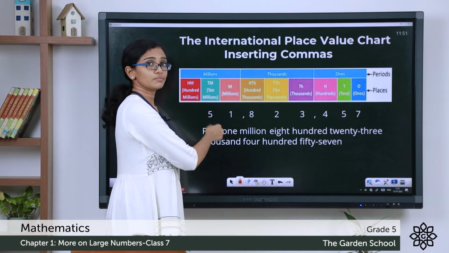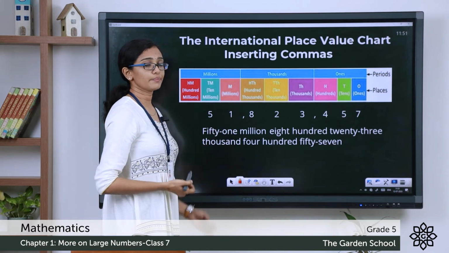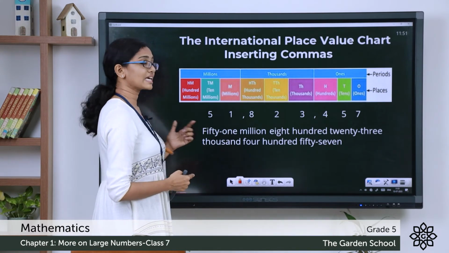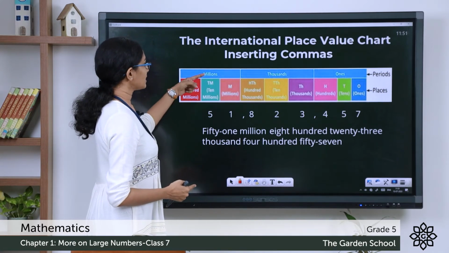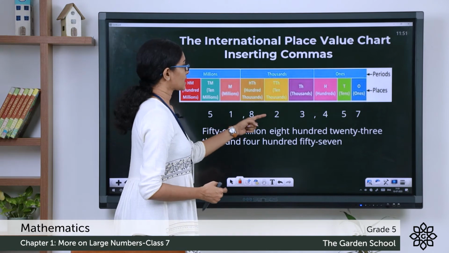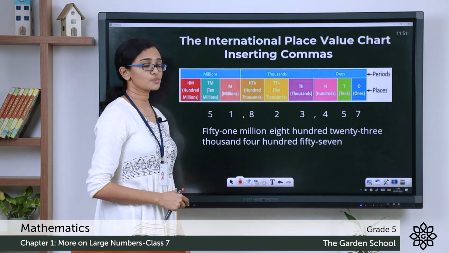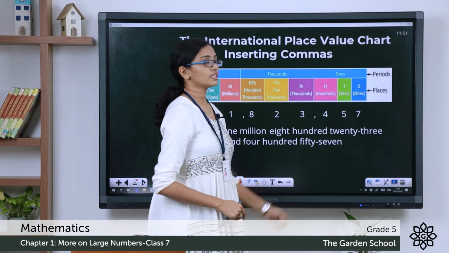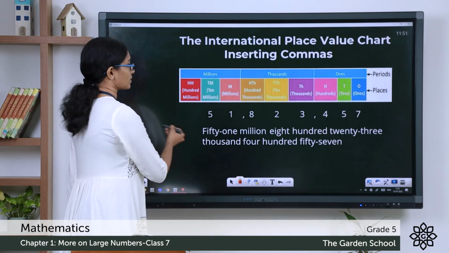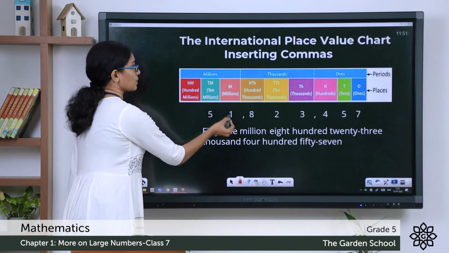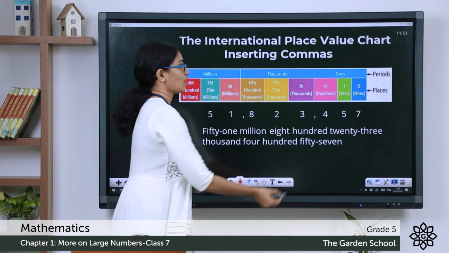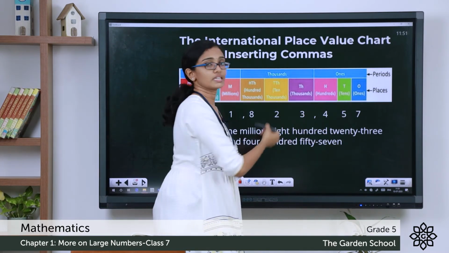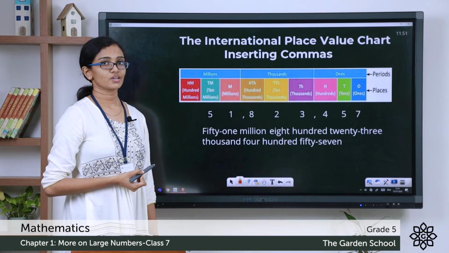Like the Indian system, the digits that come under the same period are read together and the name of the period is read alongside. So these 2 come under the millions period, these 3 come under the thousands period, these 3 come under the ones period. So let's try reading the number. It is 51,823,457. I hope this is clear to you.